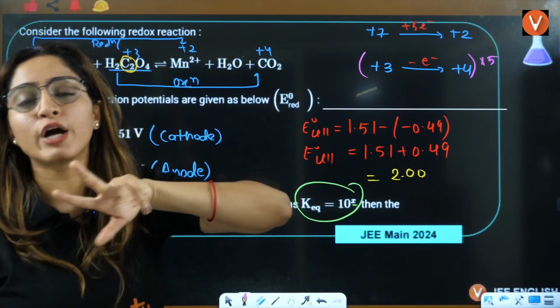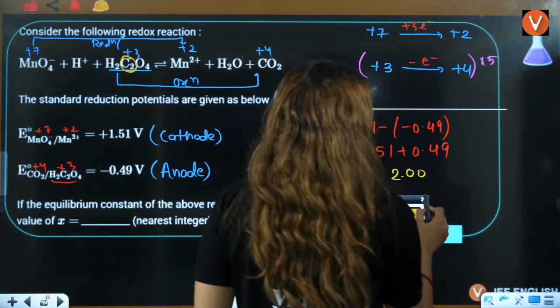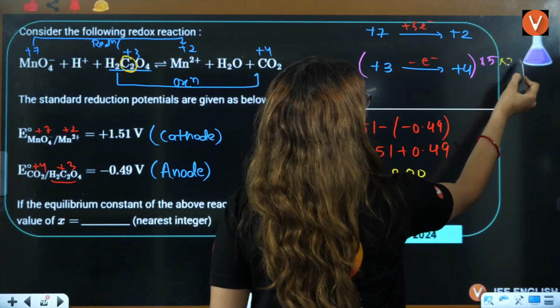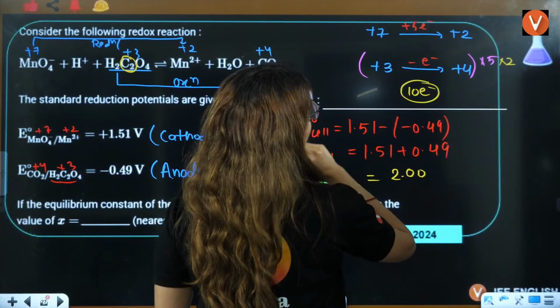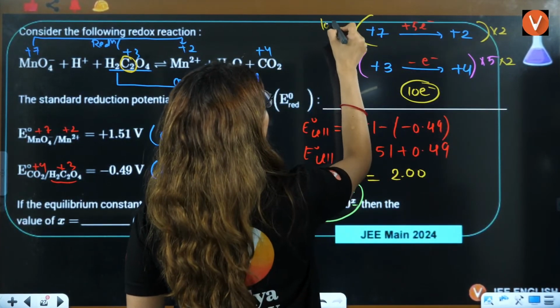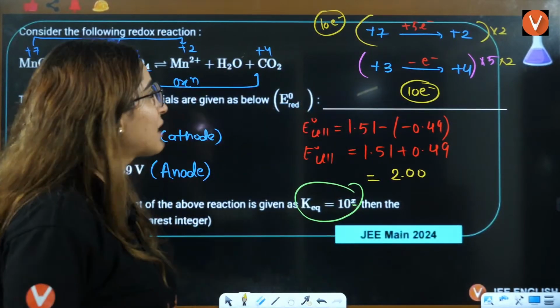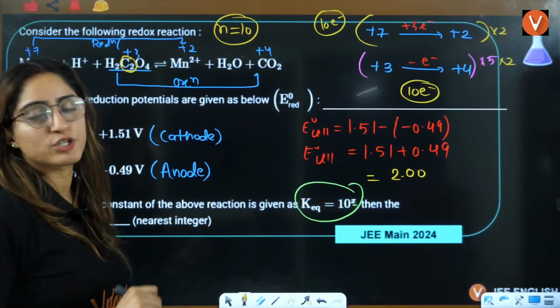But now here we are talking about 2 carbons, so this will be further multiplied by 2 and hence it will become 10 electrons gained or lost. So here also you'll have to multiply this with 2 because here also we need 10 electrons. So that's how n will become equal to 10 electrons, not 5.